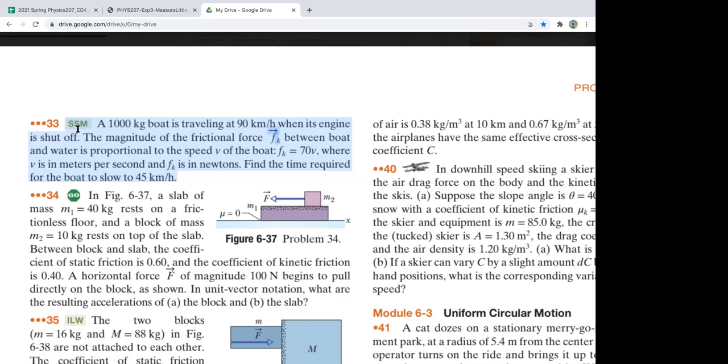But the issue for me is that the force of friction is a variable, because velocity is changing constantly, so the force of friction is changing constantly. I don't know how to incorporate that using the familiar equations that I had been seeing up to this point. Okay, let me see.